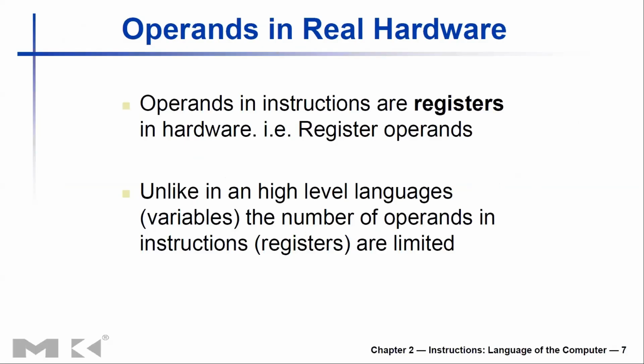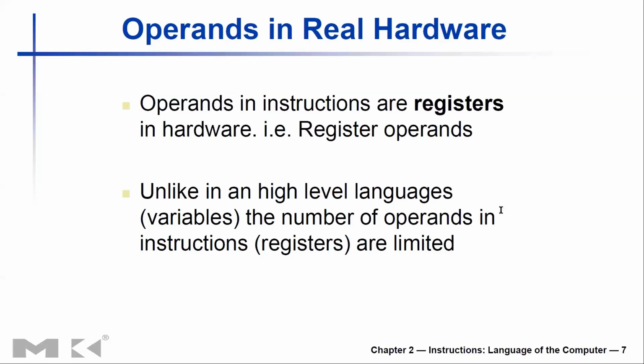All these variables you have looked at in C are going to be stored in the processor to perform all the calculations and operations you are defining in C. So these operands in instructions are registers in hardware. You already have looked at what registers are in your digital design course, I hope.